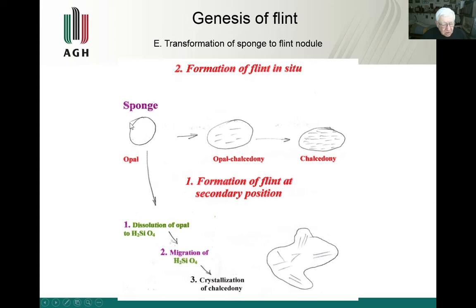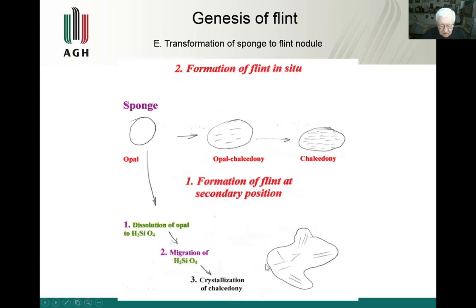So, because of destruction of old sponges, the removed silica is migrating across the limestones and starts crystallization at some points, where there is the center of crystallization, a grain of quartz or a piece of other component.